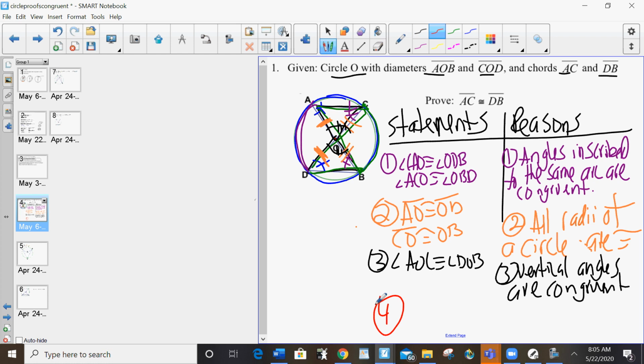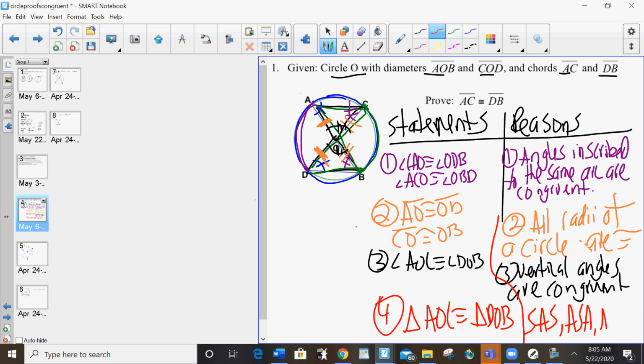I have 5 things. I'm going to now state that triangle AOC is congruent to triangle DOB. Take your pick. We did 5 things, so I see an SAS in there, I see an ASA, and I see an AAS.